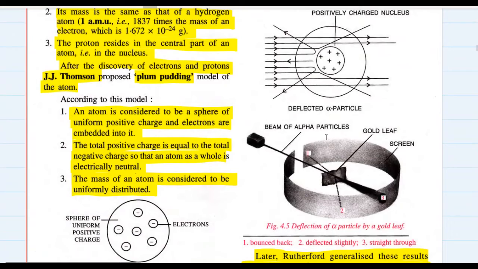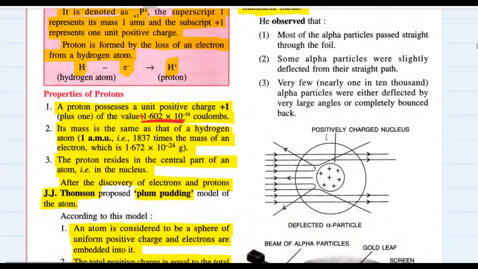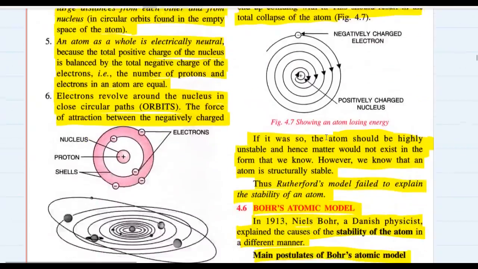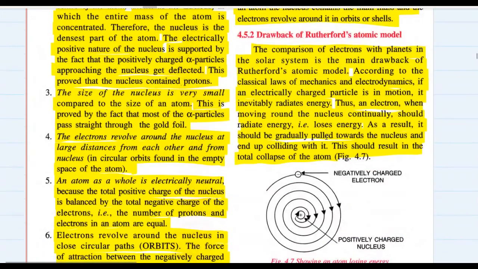Then J.J. Thomson put forward a plum pudding model, and then Rutherford suggested that that model is absolutely wrong, and suggested a model very similar to the solar system. He was very close to the truth, but still he could not explain the stability of the atom.